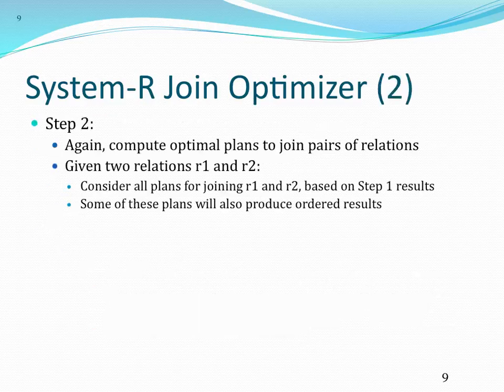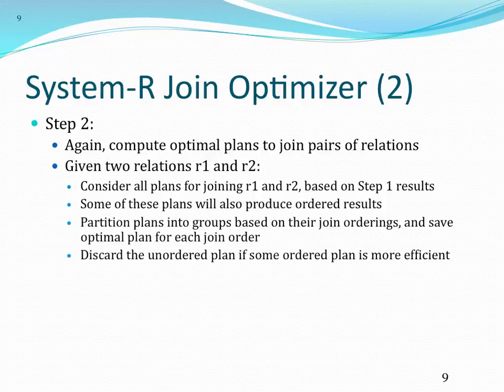Step 2 does the same thing. You again go through and enumerate all possible plans for joining pairs of tables. But instead of just looking at plans that generate unordered results, we also keep around plans that generate interesting ordered results. And so what's described here is, when we have all of these plans, and some generate results in orders, some generate them in no particular order, we group them based on the ordering of the results.